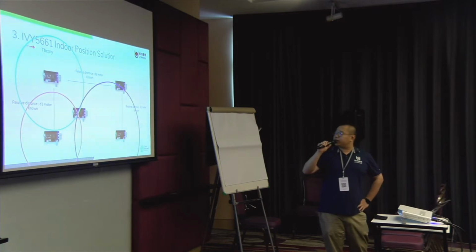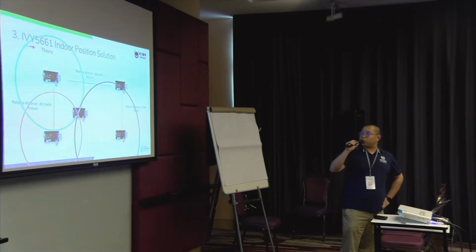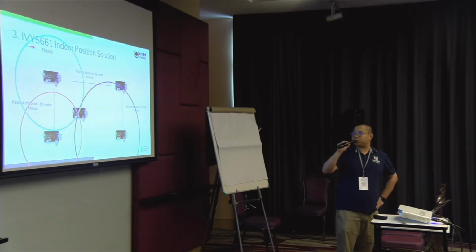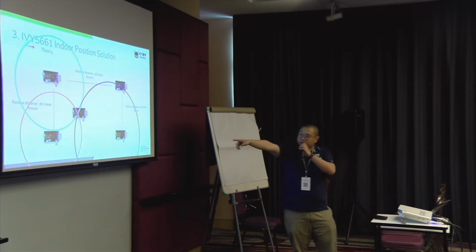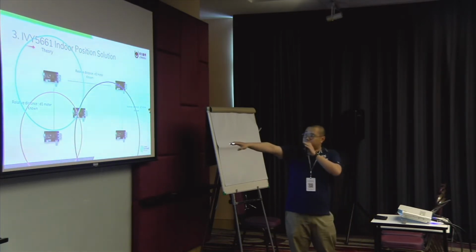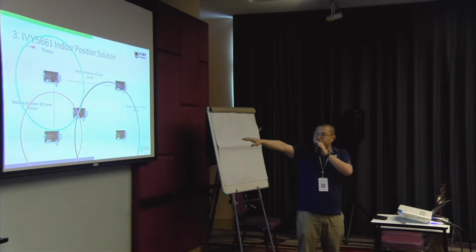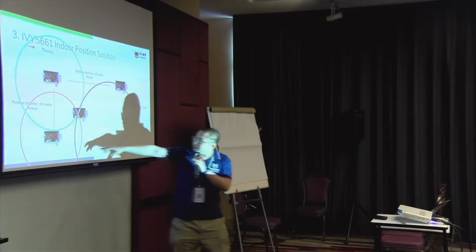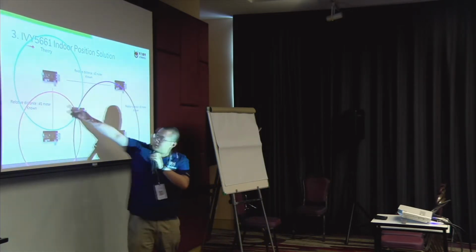Here's the theory. When you get the distance between the station and the access point, that means the station will be on the circle of this distance.